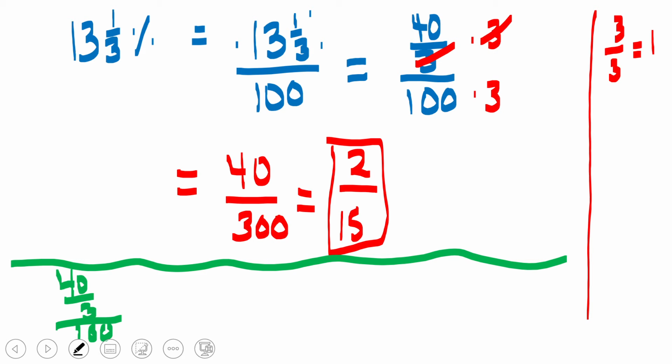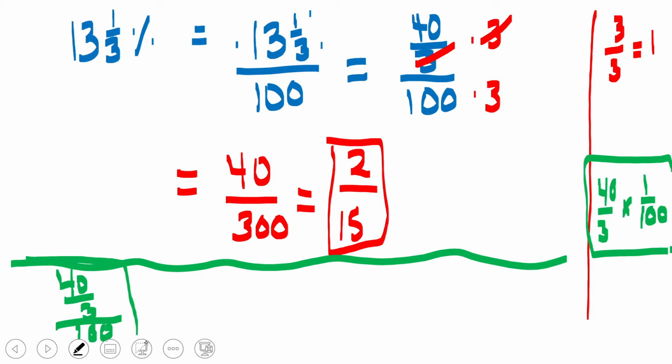Okay, this is like saying 40/3 times 1 over 100. Look that over. You kind of need to know this as well. Can you see how this in the margin is the same as our problem over here?